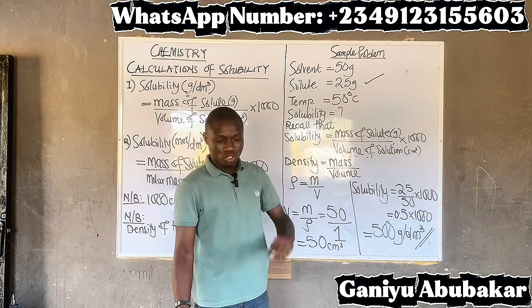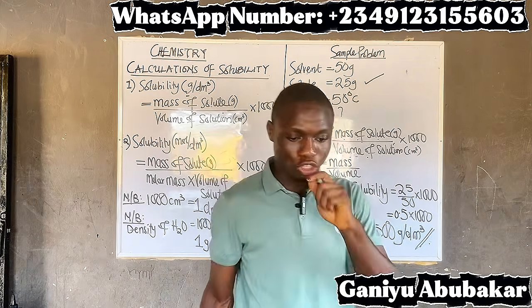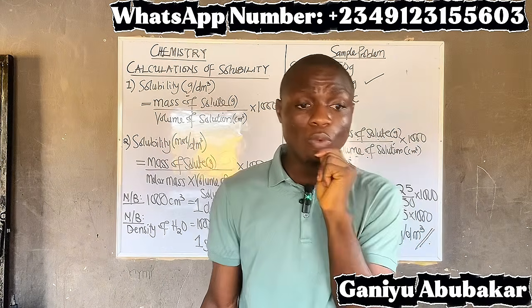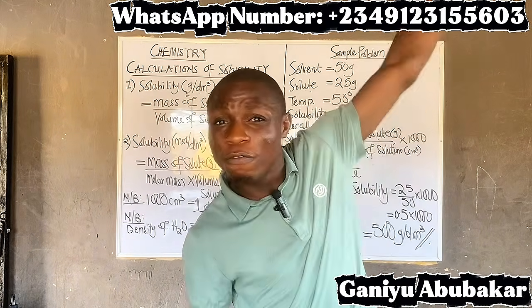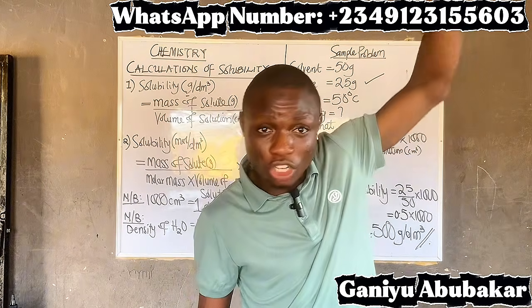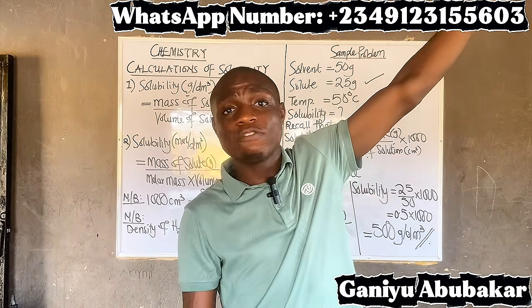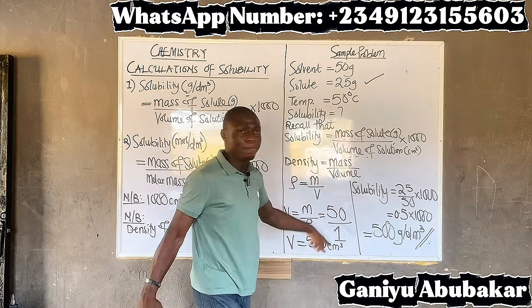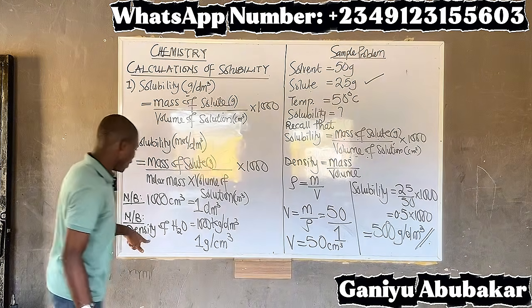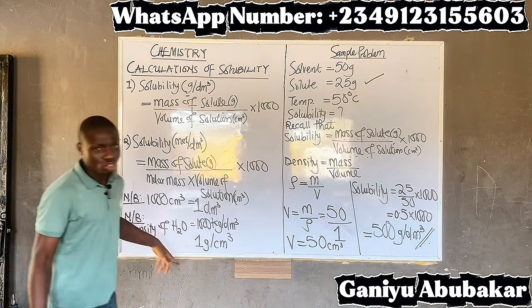That's all. So what to note here is that I introduced two new things. I introduced density, which is mass over volume from physics. Go and check your fundamental quantity and derived quantity. I also brought in the density of water, which you should know by now.